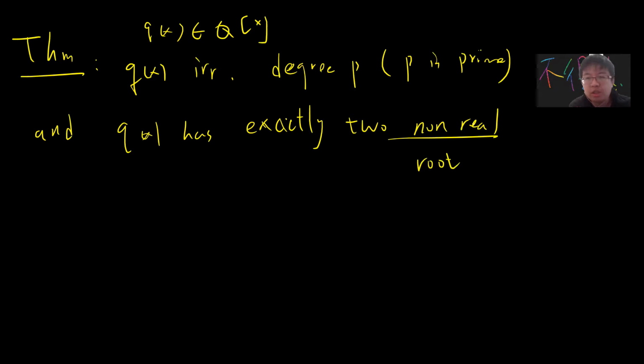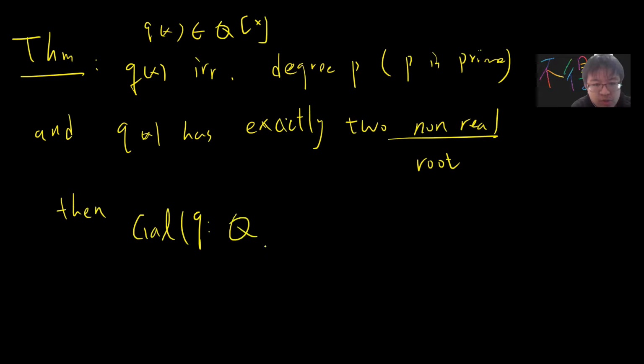Basically they are conjugate to each other, because Q is rational. Then the Galois group of Q over Q will be Sp. This is a very good theorem.